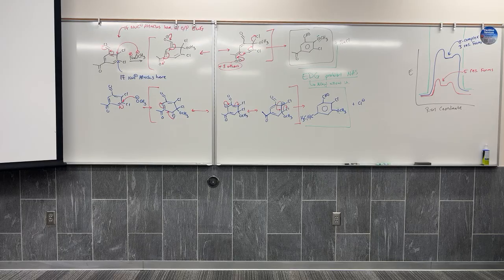No. Sorry. Are you asking, is the ortho electron withdrawing group more significant than the para? Because both are equally significant. Like this group that's ortho to the leaving group versus this group that's para, they play as big a role as each other.